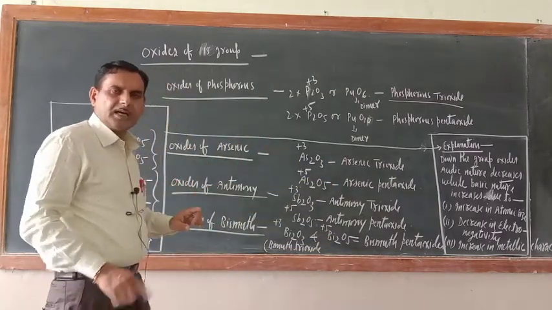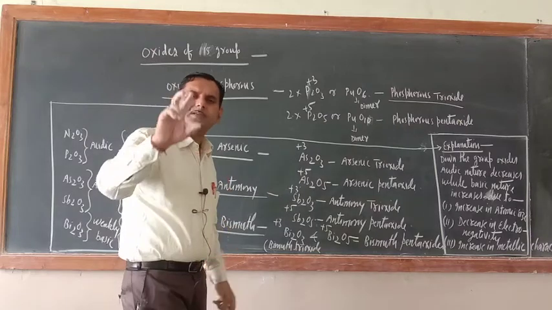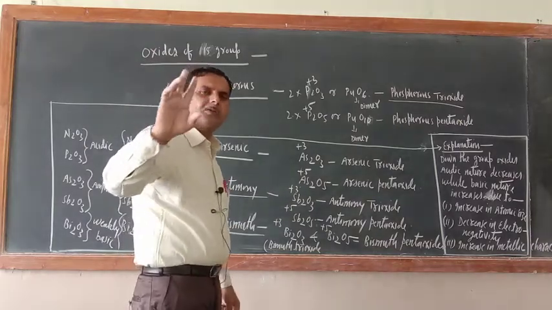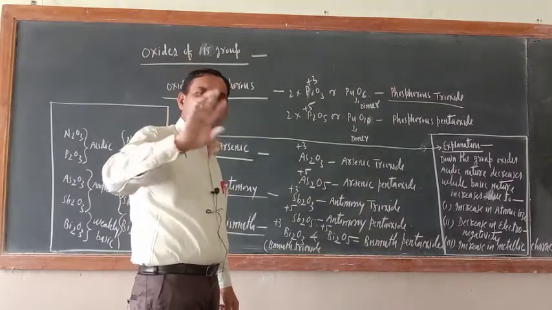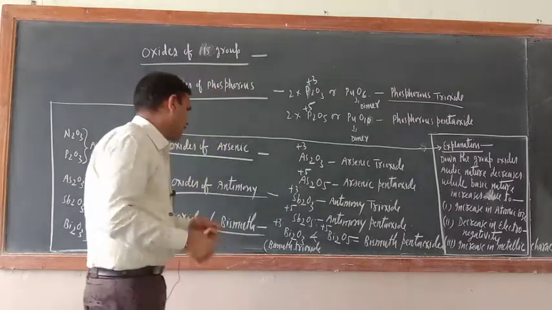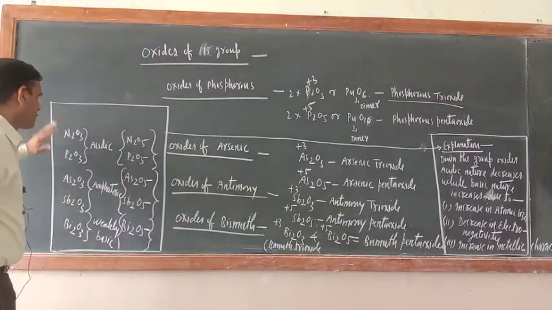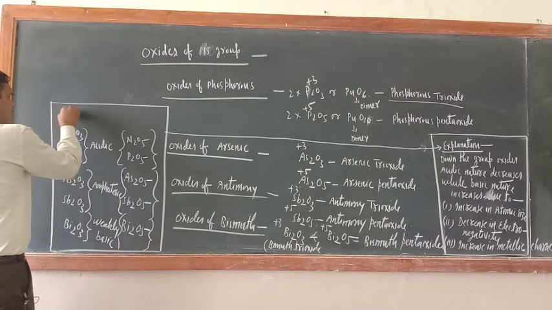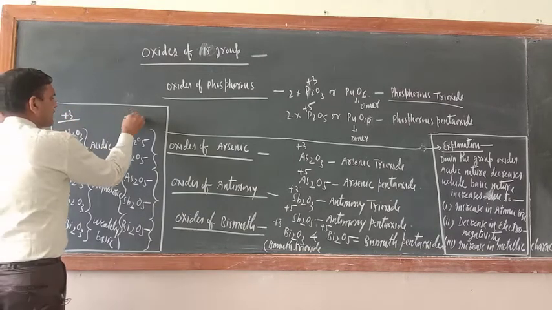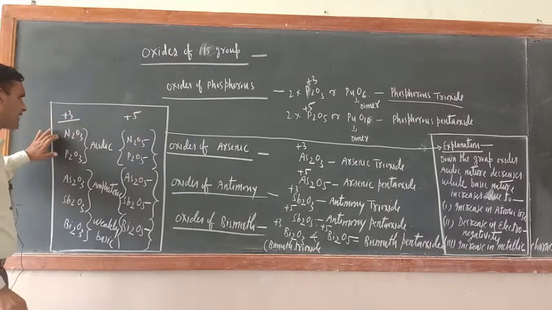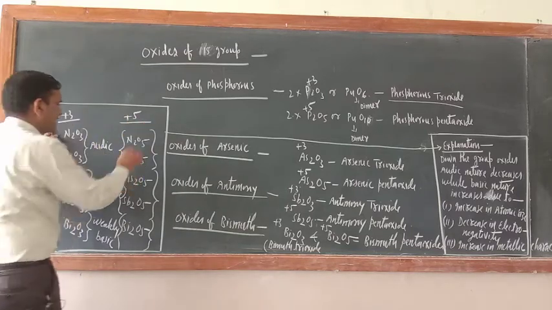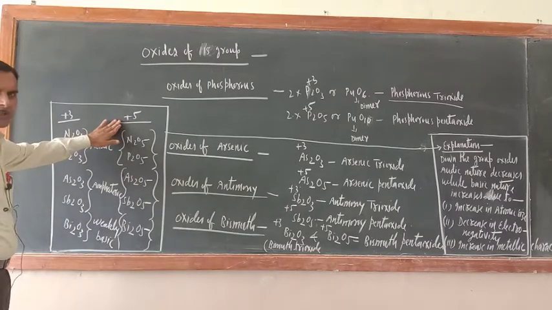So these are the introduction of different types of oxides of the 15th group, starting from nitrogen to bismuth. Now I have summarized the oxides of the 15th group in +3 and +5 oxidation states.